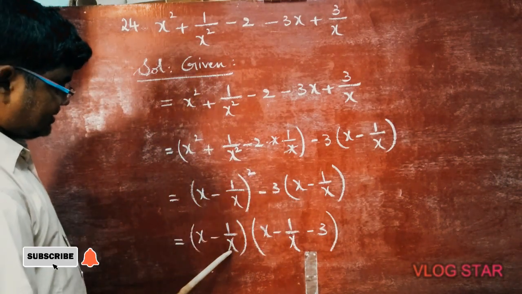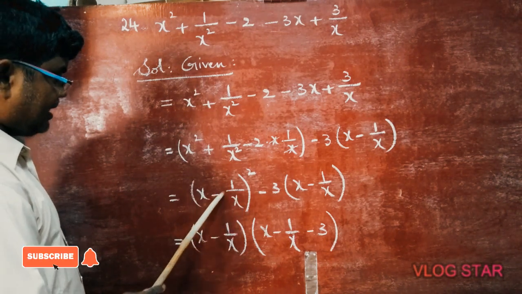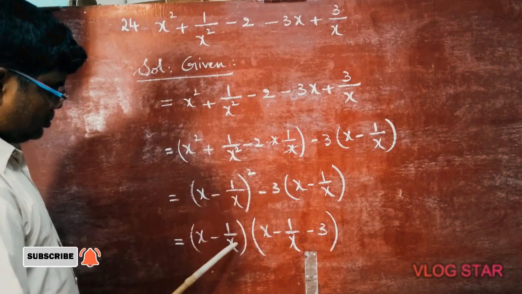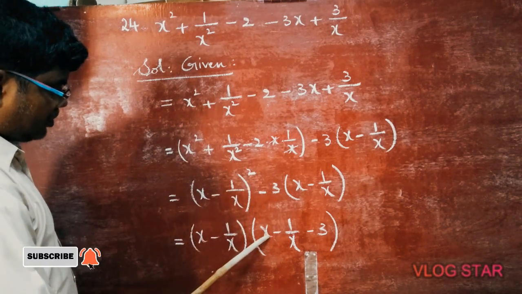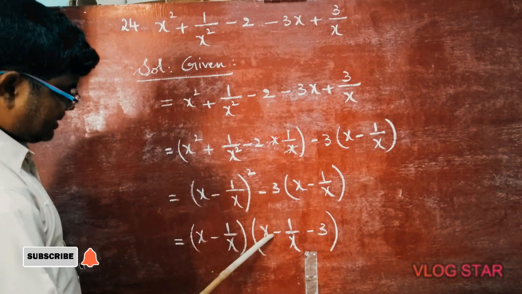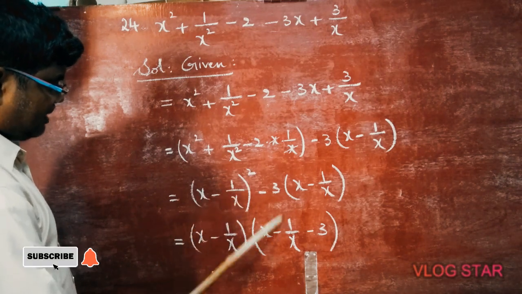In the first term and second term, x minus 1 by x is common, because it is repeated 2 times. x minus 1 by x into x minus 1 by x, that is the meaning of square. So we are taking common. One more time x minus 1 by x is there. If you multiply x minus 1 by x into again x minus 1 by x, it is x minus 1 by x whole square, keep in mind.